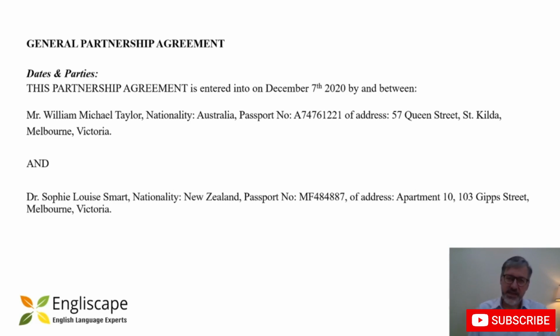And the second party, Dr. Sophie Louise Smart, nationality New Zealand, passport number MF484887, of address apartment 10, 103 Gipp Street, Melbourne, Australia.